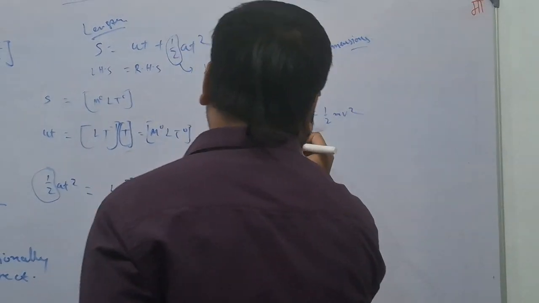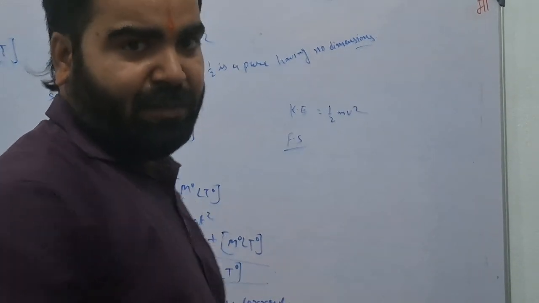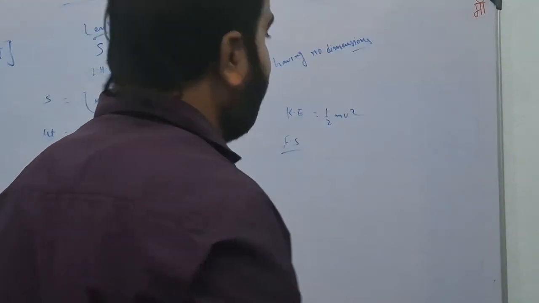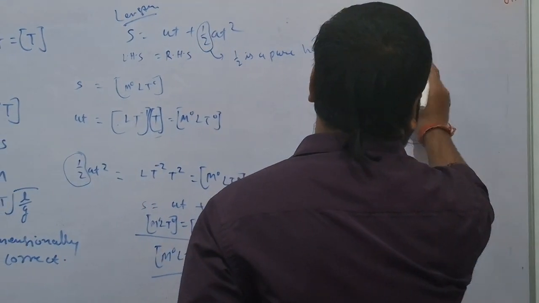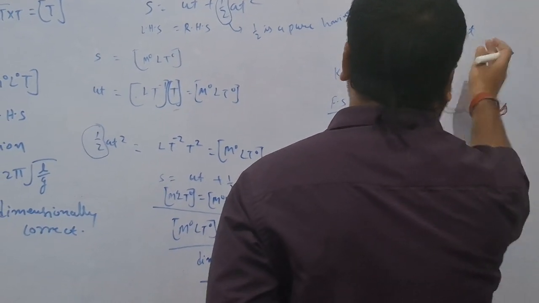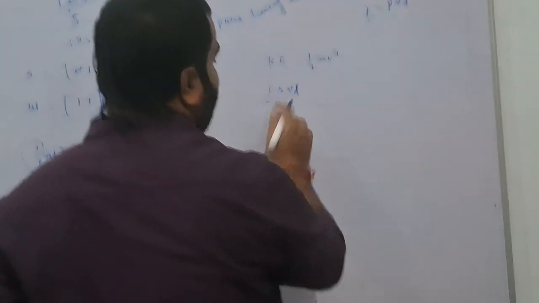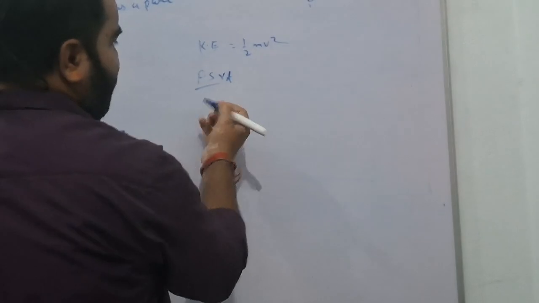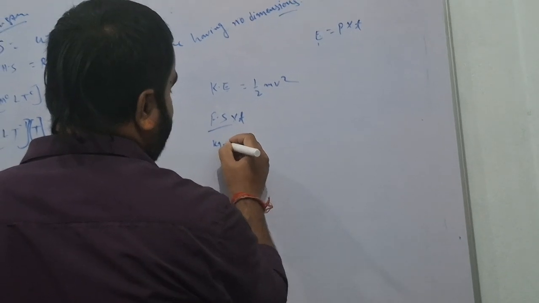Now we know that work done is F into S, and power is P, so work done E is equal to P into T, right? T would be here, and the dimension of force is kg meter per second square.